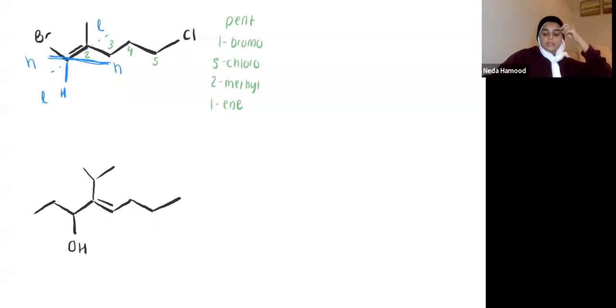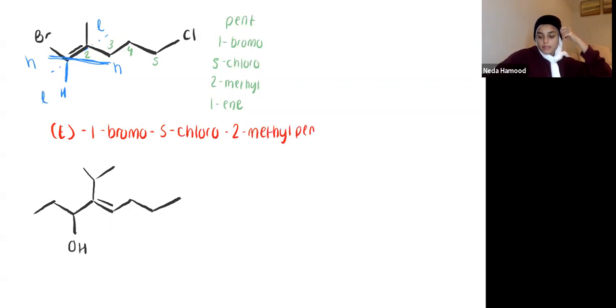So we know that this is going to be E. So we have E 1 bromo, 5 chloro, 2 methyl, pent, 1 ene.